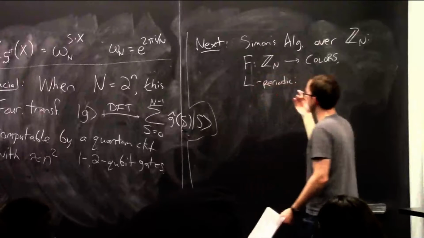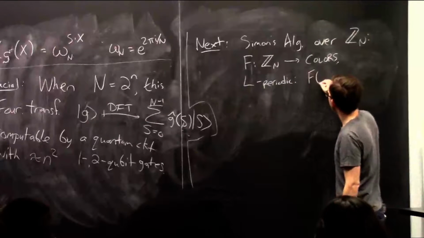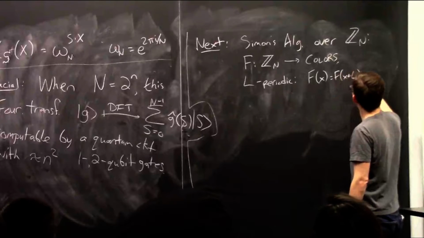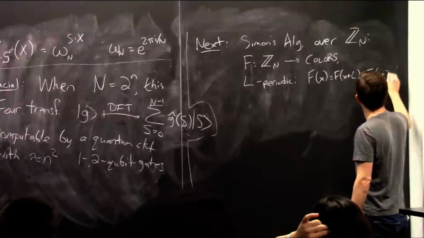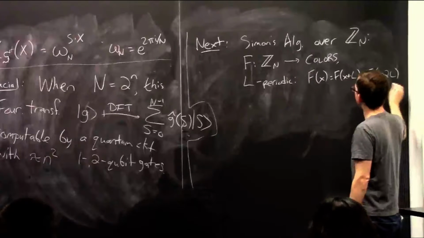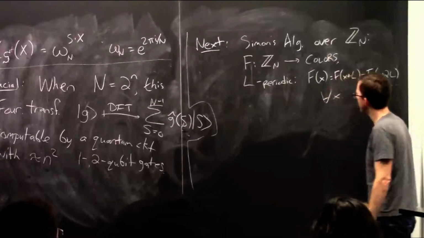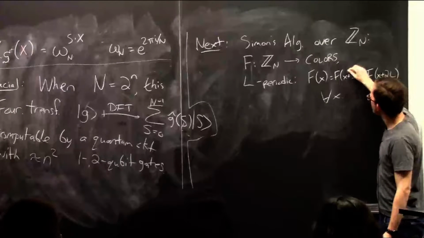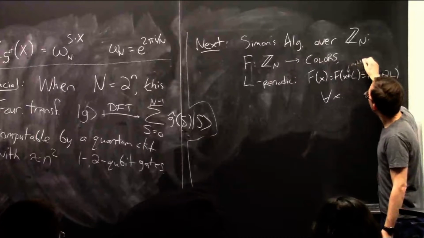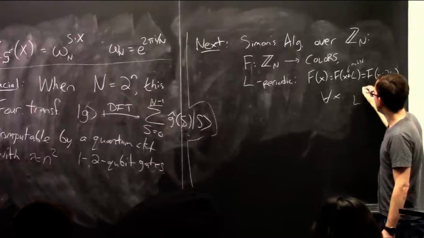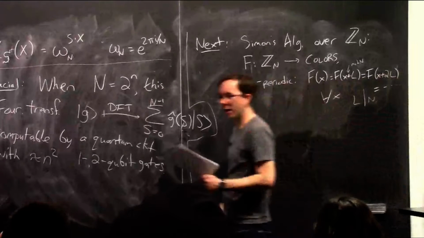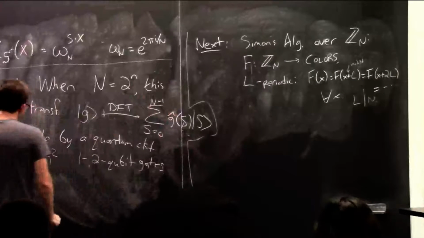And now this will really have the flavor of being periodic. This will mean that f of x equals f of x plus L equals f of x plus 2L equals etc. for all x. Actually, this addition is always mod n. So for this to make sense, L should divide capital N. I'll come to that in a second.